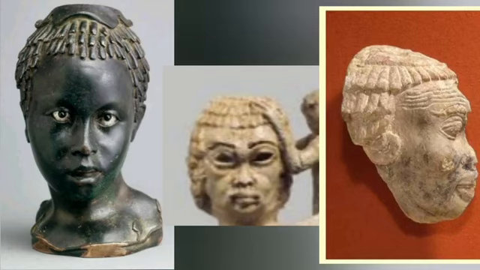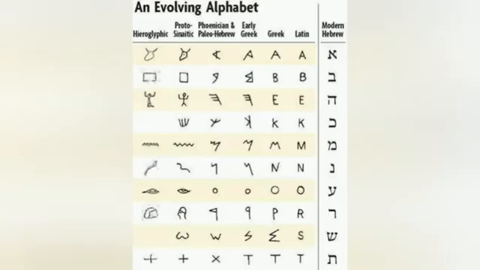Do you see any similarities between these three? Two depicting Egyptians and one depicting a Nubian. Or if you'd like, all three depicting Nubians, but then admitting that Nubians and Egyptians were one and the same. And by now, the Latin takes on this version of the alphabet.